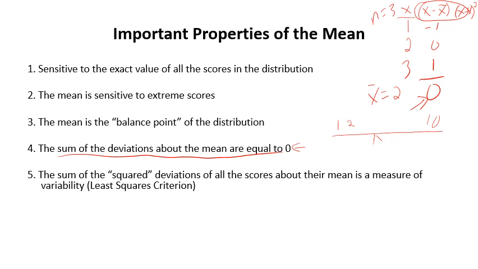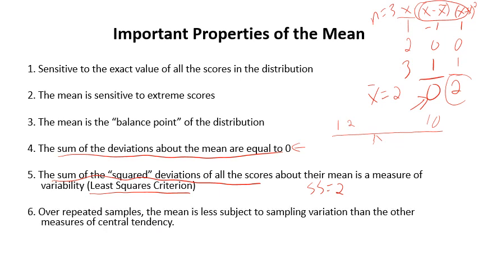We've got this -1; when we square it, it becomes 1. 0 squared is 0, 1 squared is 1. We get 2. So our sum of the squared deviations from the mean is equal to 2. We will come back to this because it's one of the things we will do to get measures of variability, because this is what's called the least squares criterion, meaning the smallest way to get variability.